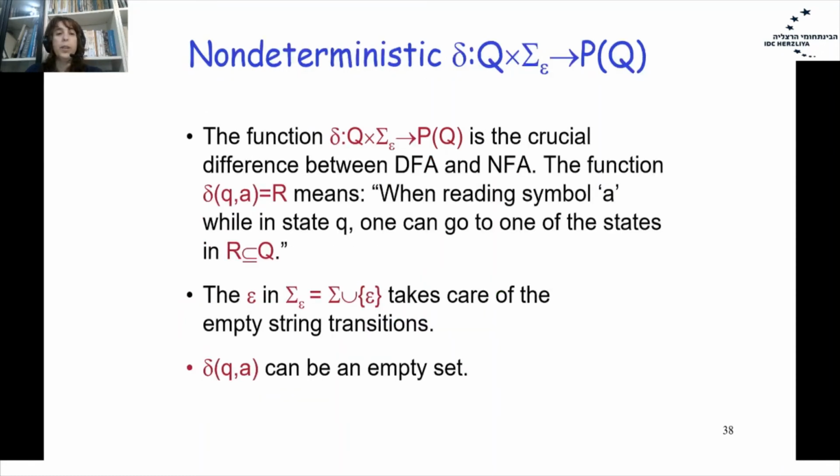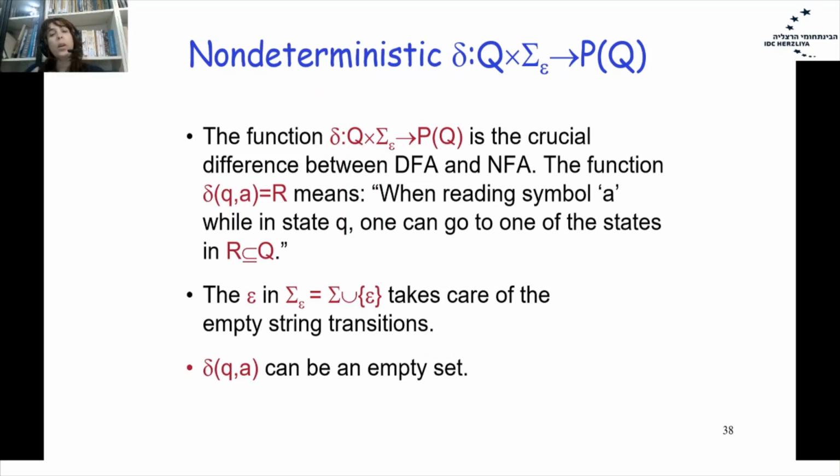So the new thing from our point of view is actually the transition function. Now the function delta, for each state and each input letter, including epsilon, gives several possibilities.